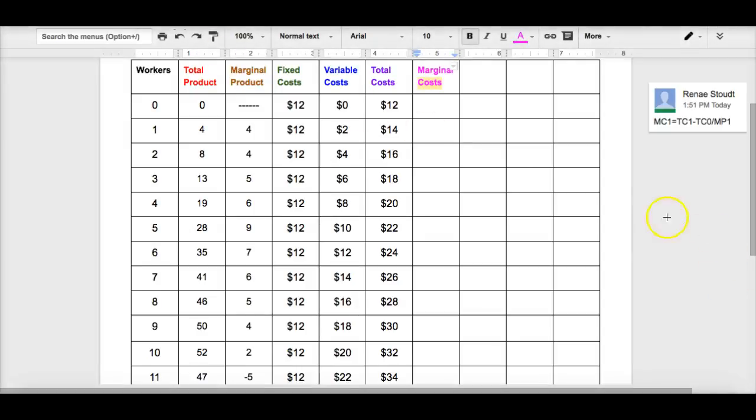Okay, so what I said was marginal cost, that's MC, at 1 worker is equal to the total cost at 1 worker minus the total cost at 0 workers divided by marginal product at 1 worker.